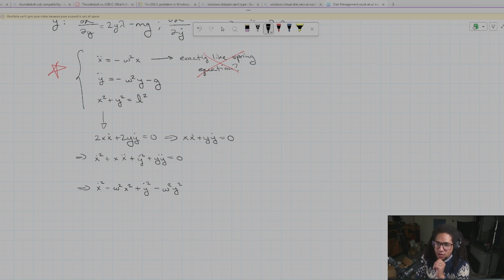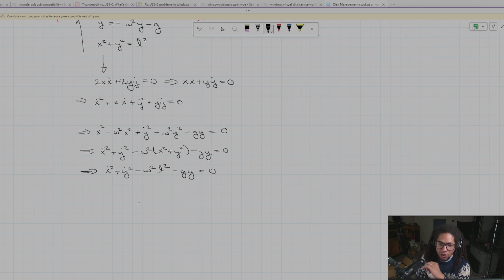I need to take this g here and replace it. So minus g times y, and that is equal to 0. Now I'm going to rearrange terms just a little bit. Okay, so I get x dot squared plus y dot squared minus omega squared times x squared plus y squared minus g y is equal to 0. But notice that this thing itself is L squared. So x dot squared plus y dot squared minus omega squared L squared minus g y is equal to 0.